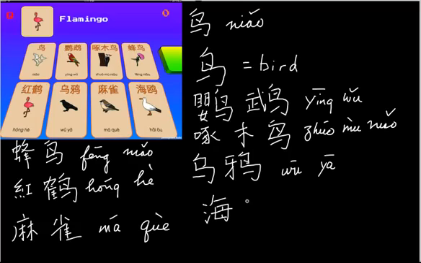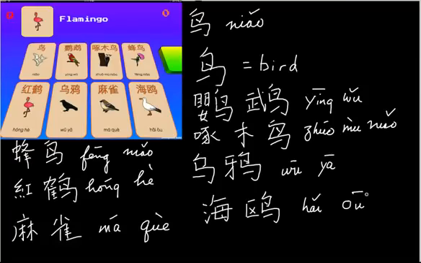Ou again on the right, you have the familiar symbol for bird. Hai ou. Hai is pronounced in the third tone, and ou is in the first tone.